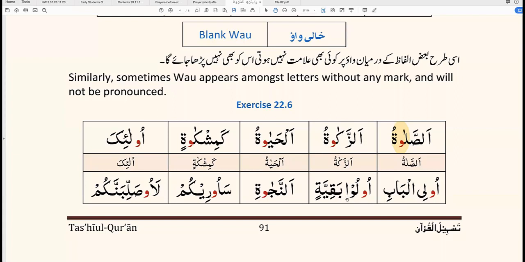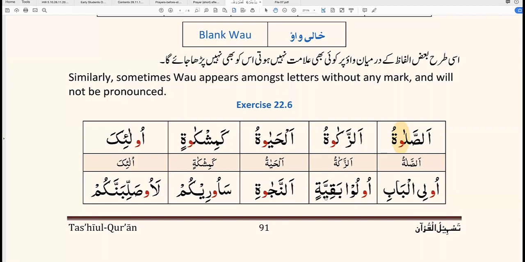This alif, nothing on top of it. What do we do with this? We leave it alone. Yes, well done. So, ba. Ba, well done. Then we've got qaf with the kasra, but straight afterwards we've got a ya with the tashdid.